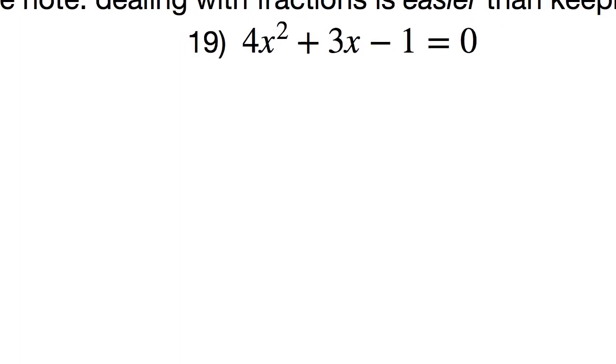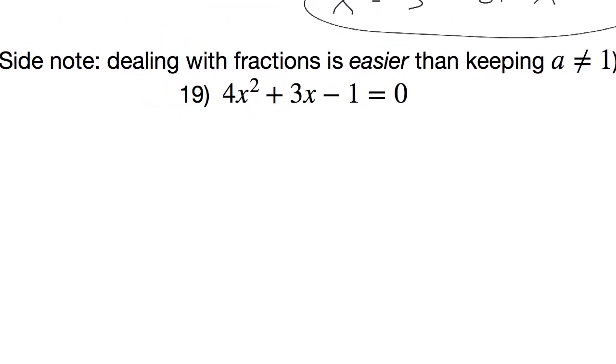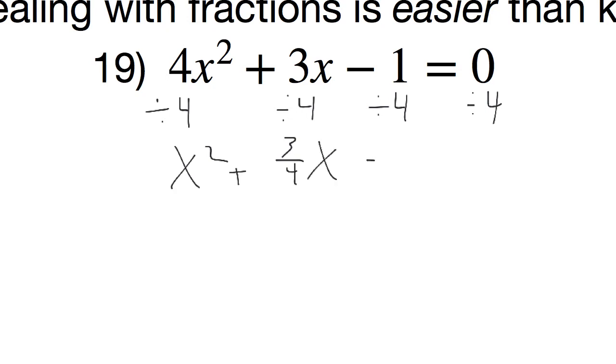Again, dealing with fractions is way easier than keeping a value not equal to 1. So the very first step is to make the a value equal to 1. You're going to divide all the terms on both sides by 4. We get x squared plus 3/4 x minus 1/4.